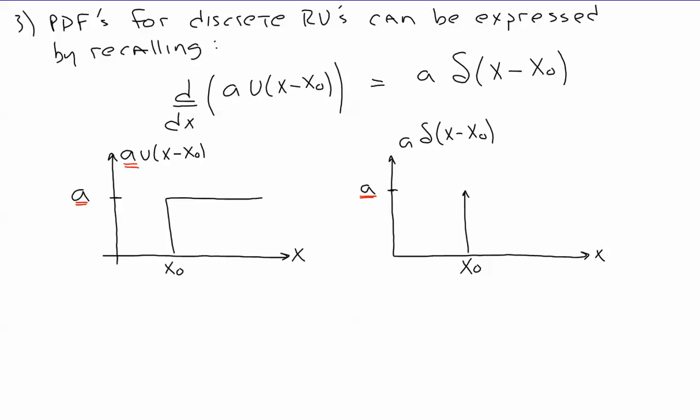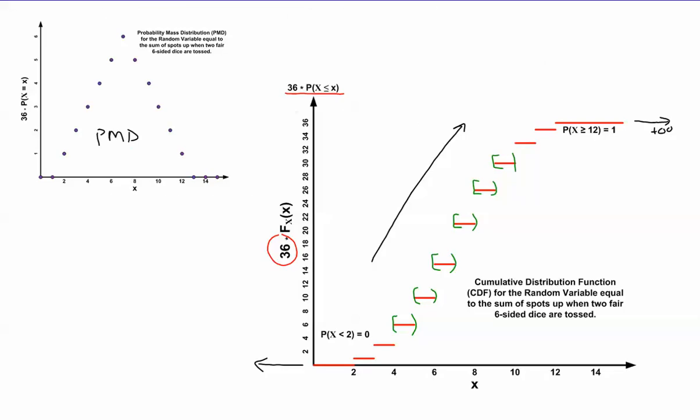All right, so let's consider my cumulative distribution function for my toss 2 dice and add the spots up experiment. I'm going to write down that cumulative distribution function as a series of step functions, and then I'm going to take the derivative to find the probability density function.